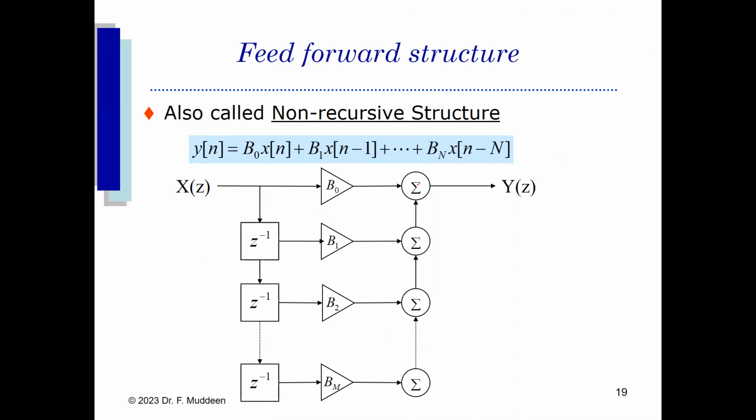If you have a transfer function that only has a feed forward part, in other words, the output is only a function of current and past inputs, the transfer function would look like this. Remember, the transfer function is numerator over denominator, right? This is 1. So this particular transfer function only has poles in it. Sorry, zeros. Parts on top.